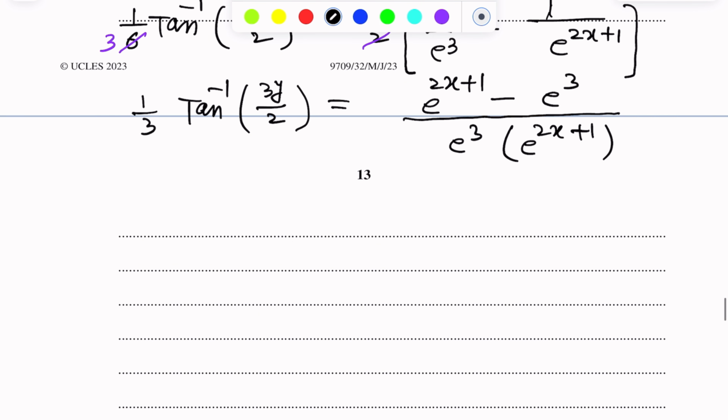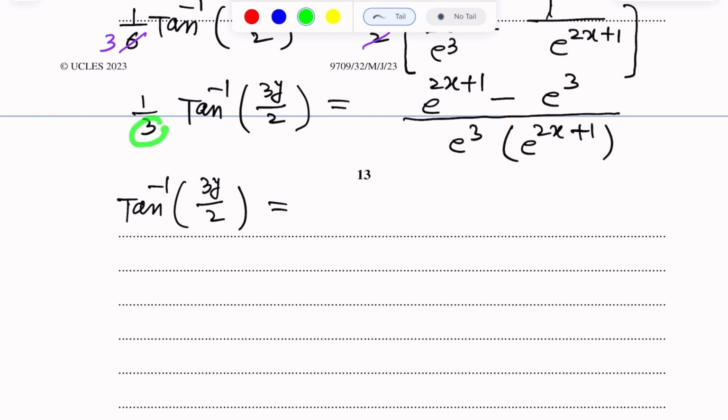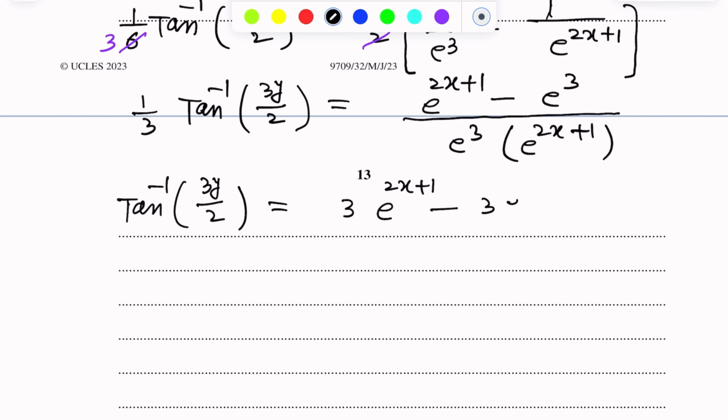We can write tan inverse 3y over 2. It becomes 3 e power 2x plus 1 minus 3 e power 3 over e3 into e power 2x plus 1.